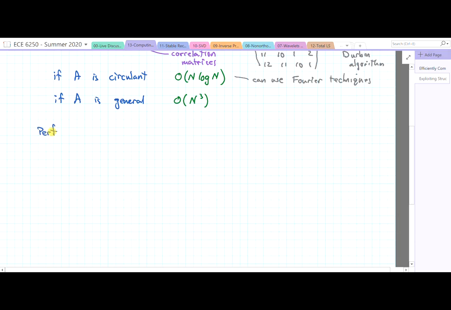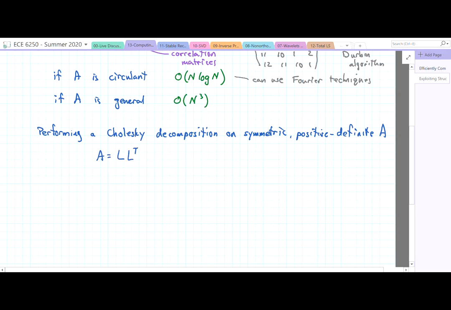First, we can perform a Cholesky decomposition on symmetric positive definite matrices A, as A is equal to L L transpose. So L is a lower triangular matrix.